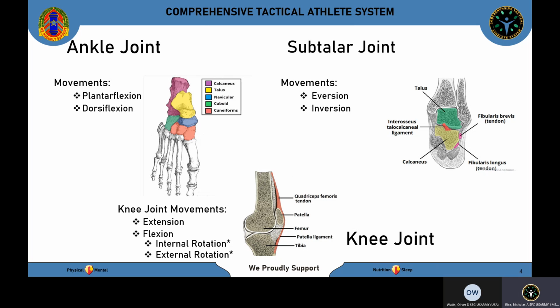Now, that slight amount of internal external rotation is important because we are bipedal, but that also introduces a huge risk of injury.